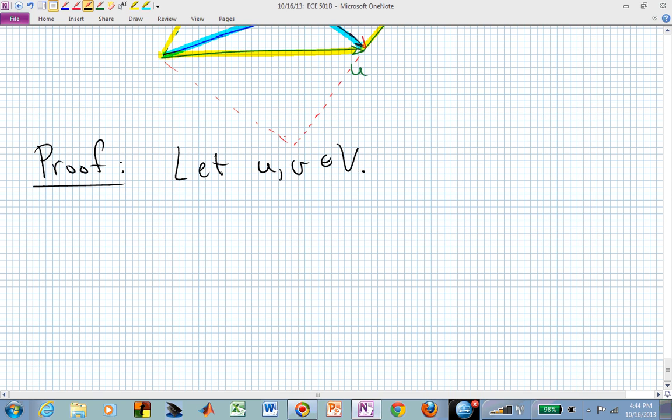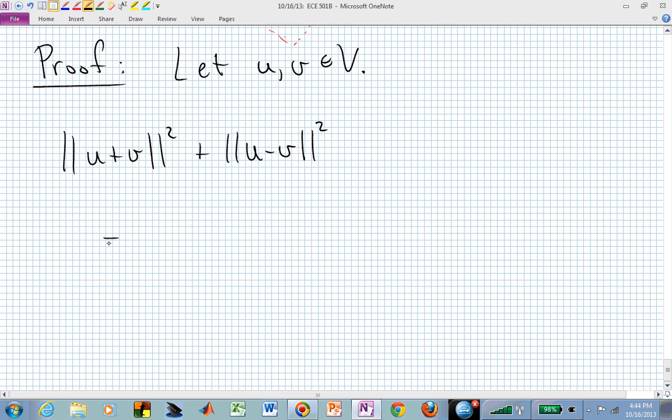Okay, so let's now take two vectors, u and v, in our vector space V. If we look at the norm of u plus v squared plus the norm of u minus v squared, in terms of inner products, that's the inner product of u plus v with u plus v, and the inner product of u minus v with u minus v.